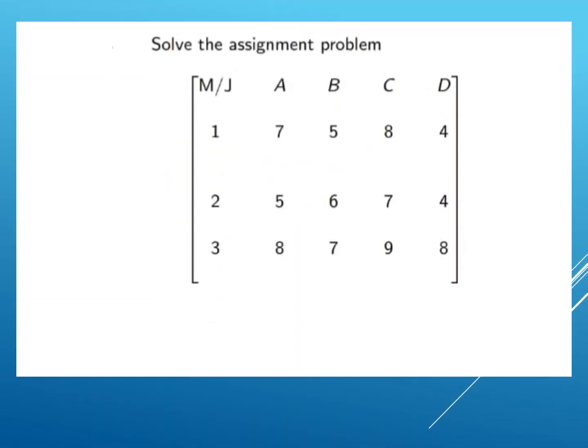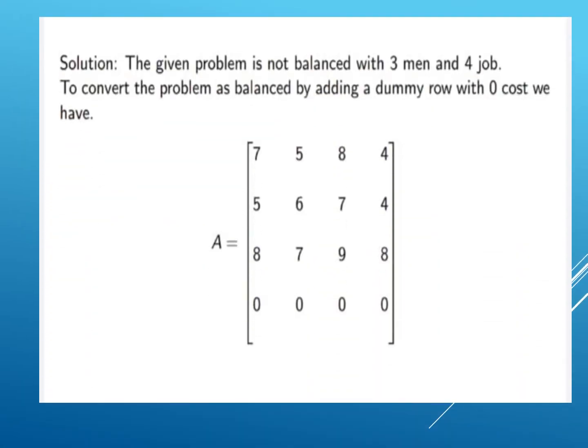Then the third example is the given problem is not balanced assignment problem with the 3 men and 4 jobs.